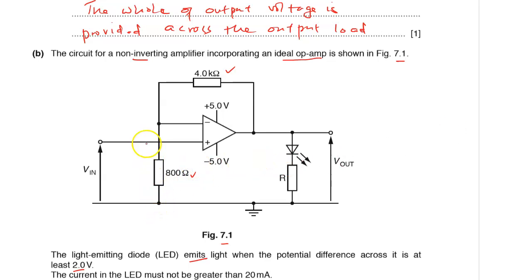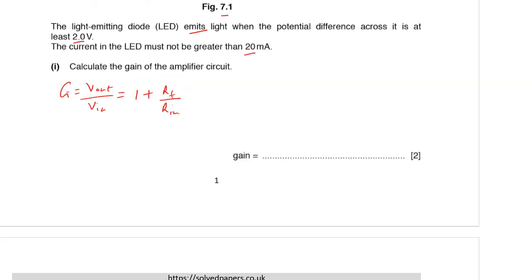So the equation is 1 plus 4000 ohms over 800 ohms.